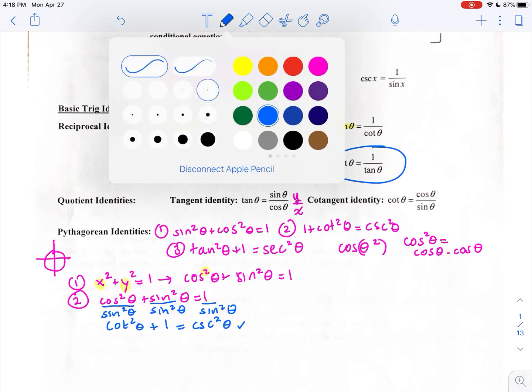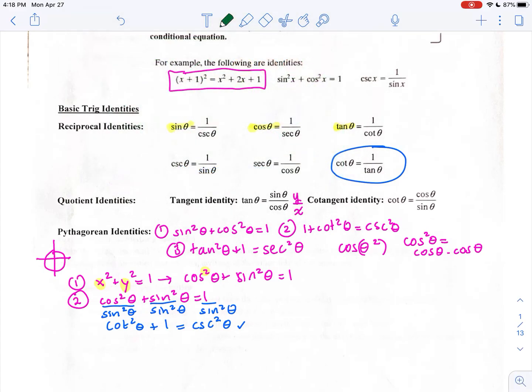And then what do you guys think we do to prove the last one? Hopefully you came up with the idea of starting with our original Pythagorean identity and dividing by cosine now instead of by sine. So dividing every single one of the three terms by cosine squared of theta.